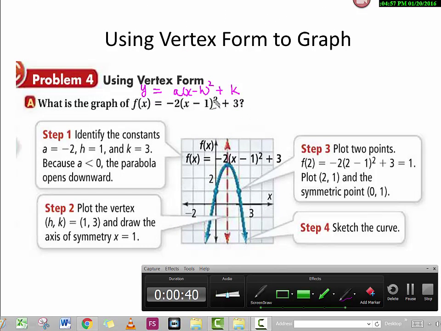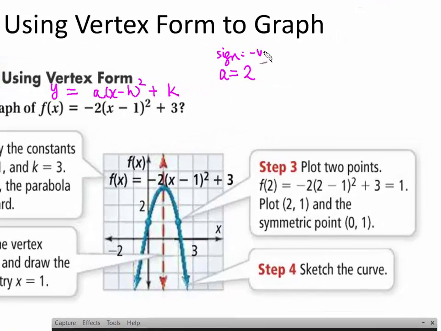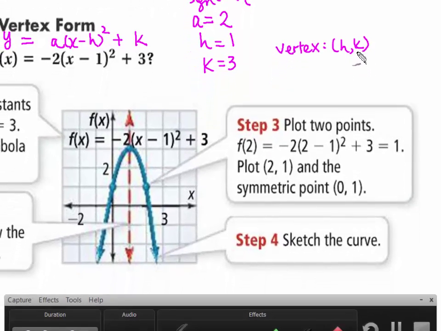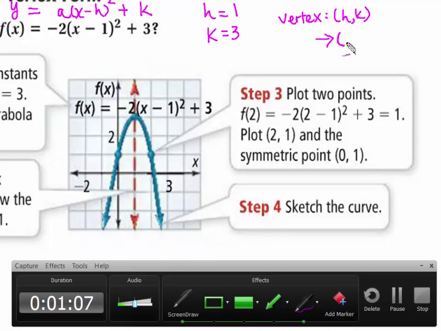So first, you know right away, a is 2, and the sign before a is a negative. And h is 1, k is 3. So from this, you know right away the vertex is (h, k). So the vertex is going to be (1, 3).